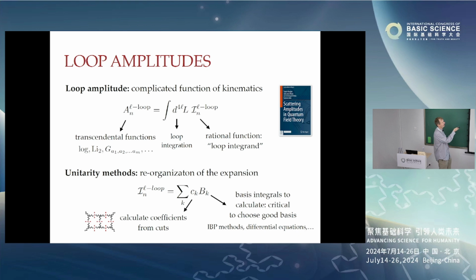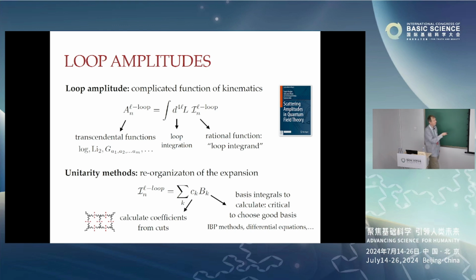Instead of calculating what we really want, which is some complicated function, and also typically divergent, both UV and IR, so we have to treat that too, we do something simpler: we calculate a rational function called the loop integrand, which is a function we are supposed to integrate over the loop momenta to get the actual amplitude.